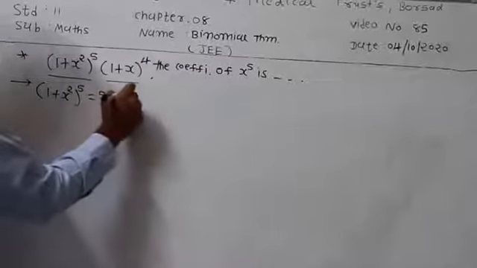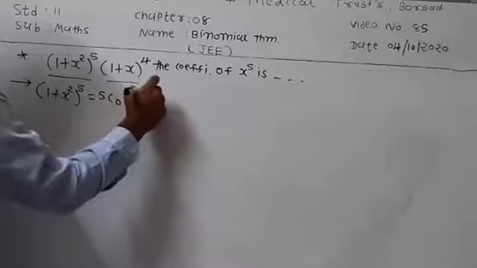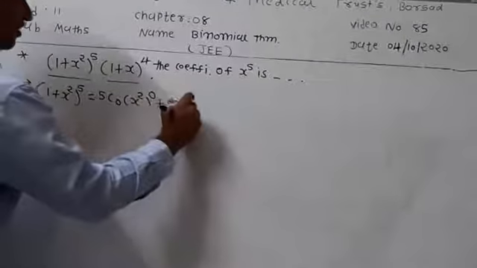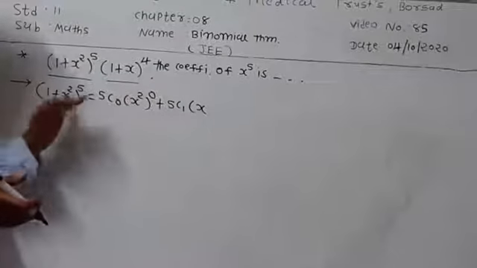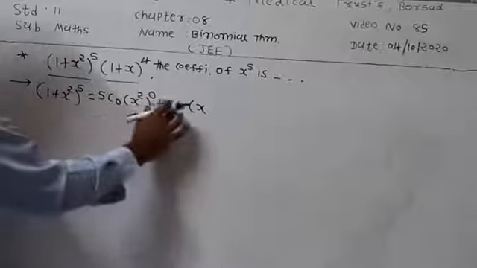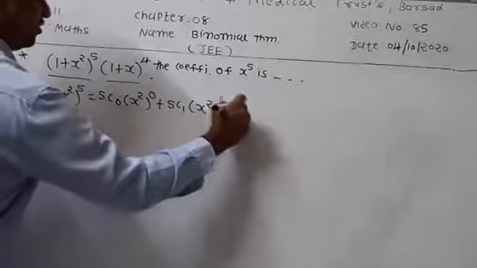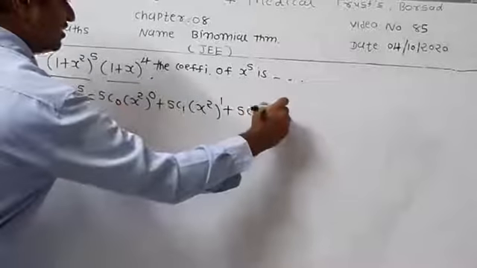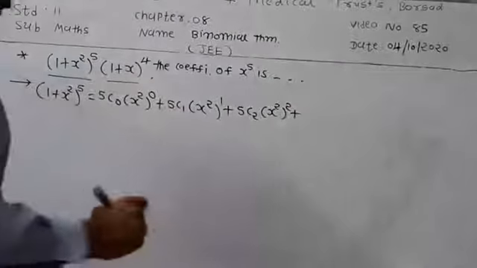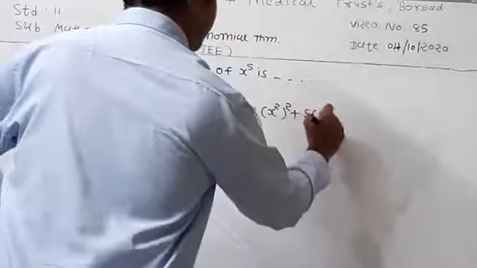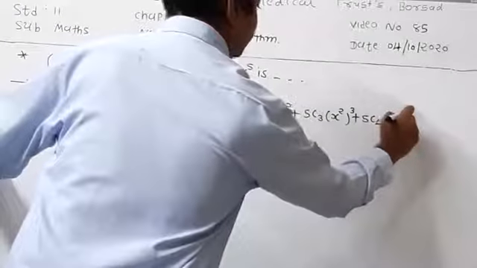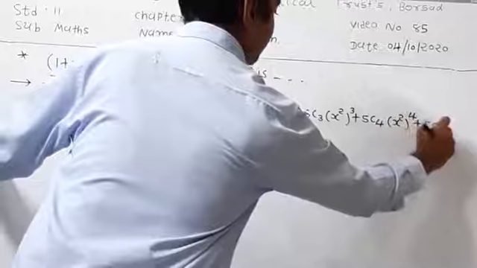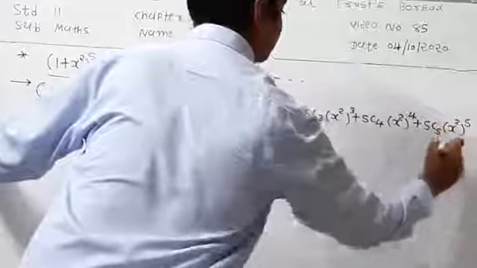So 5C0 x square raised to 0, plus 5C1, here 1 is present and 1 raised to any number is 1, so we cannot mention this term, so 5C1 x square raised to 1, plus 5C2 x square raised to 2, plus 5C3 x square raised to 3, plus 5C4 x square raised to 4, plus 5C5 x square raised to 5.